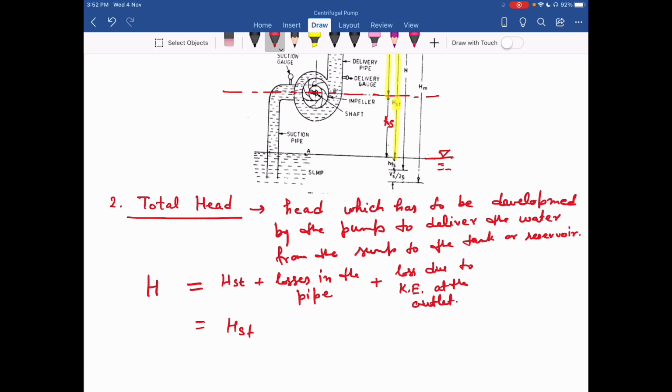Okay, I can write it as HFS, frictional loss in suction pipe, plus HFD, frictional loss in delivery pipe, plus the loss due to kinetic energy at the outlet, that I can write as VD square divided by 2G. Okay, so this is my total head H.